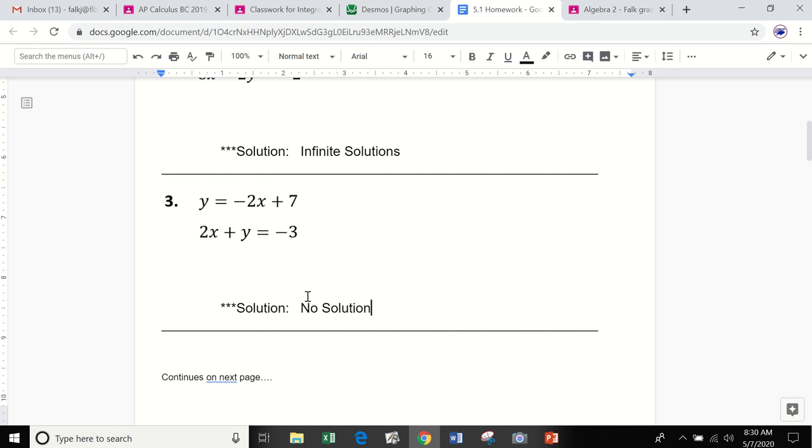When the lines are parallel in a system, there is no solution. Even though this equation on its own has an infinite number of solutions, and this equation separately has its own infinite number of solutions, we're talking about the solution to the system of equations together. And when the two lines are parallel, there is no solution.